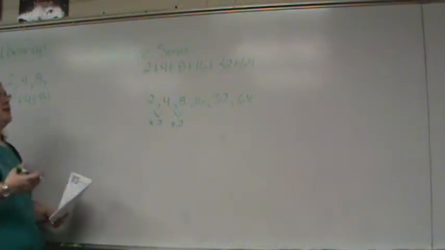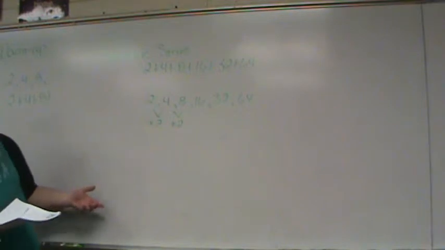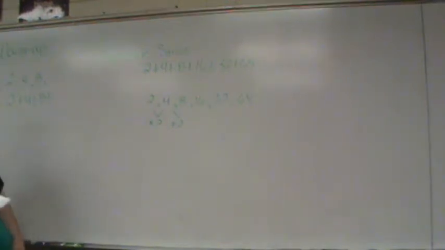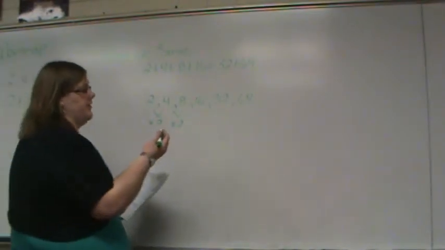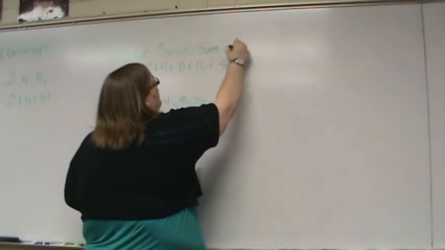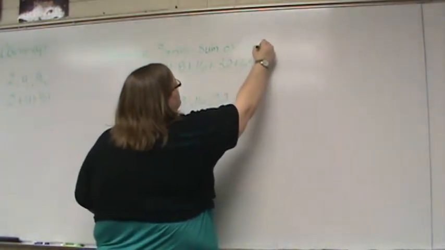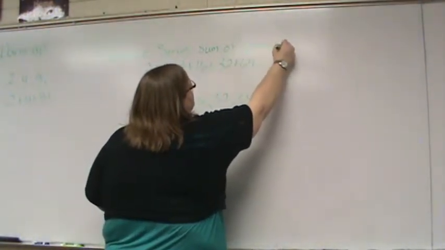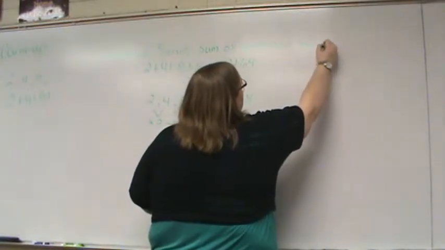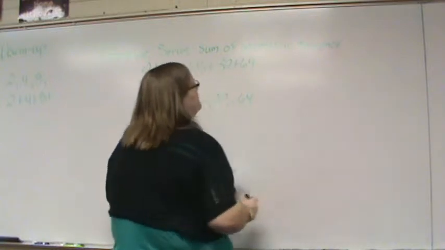That multiplying by some ratio tells us that this is a geometric series. So like with an arithmetic series, a geometric series is the sum of a geometric sequence.